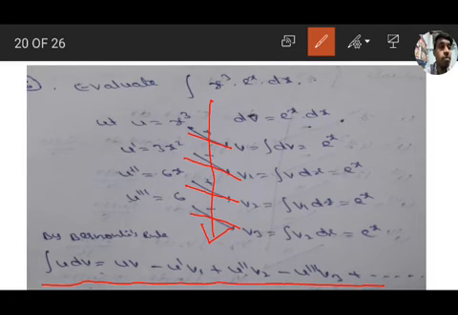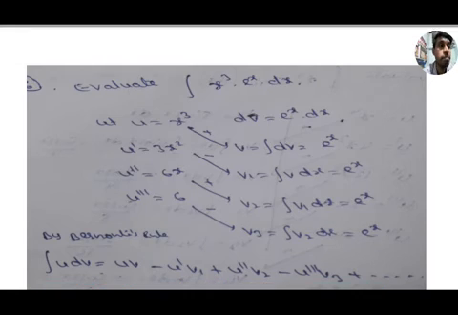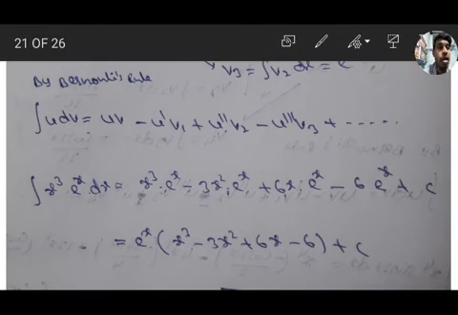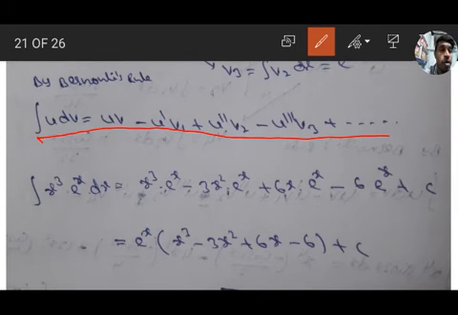Substitute in the formula, up to u triple dash only. So integration of x cube into e to the power of x dx equals x cube into e to the power of x minus 3x square into e to the power of x plus 6x into e to the power of x minus 6 into e to the power of x plus c.